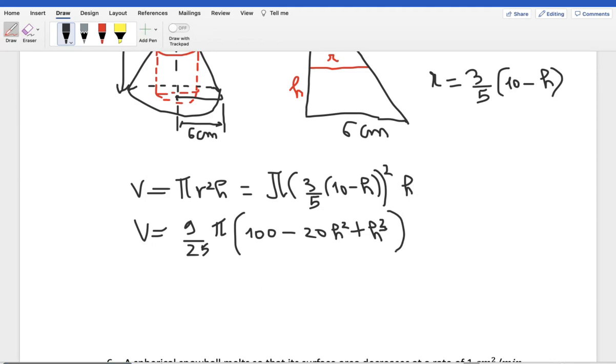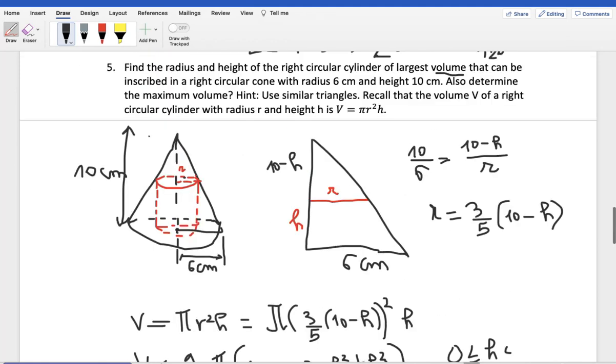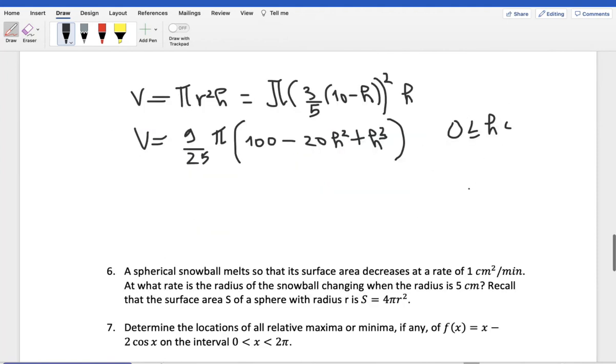And we know that the boundaries for h, the lower value is 0, and the highest value h can have is 10, because they're telling us that the maximum height of the cone is 10, right?